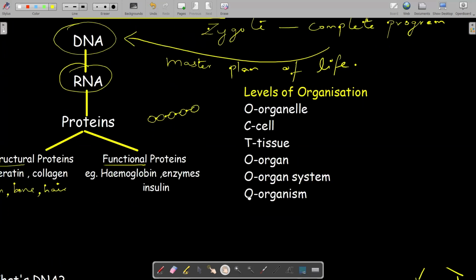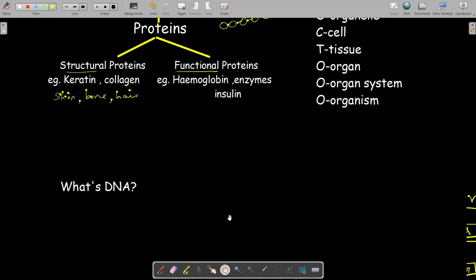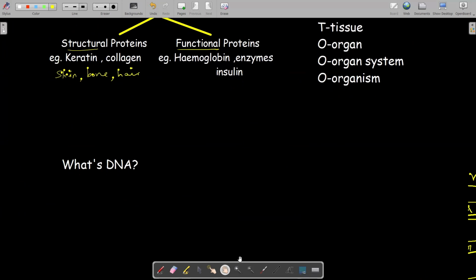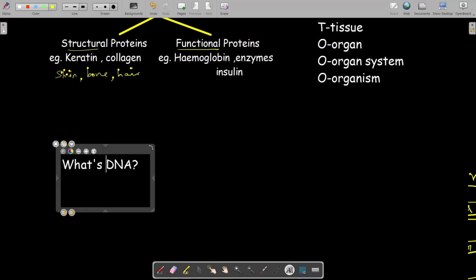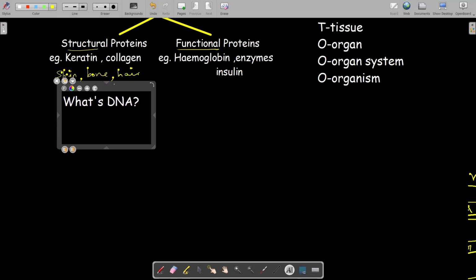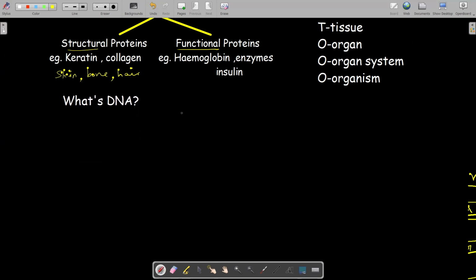What is DNA? So think about it and tell me what a DNA is. Some of you would have just given the full form of DNA, which is deoxyribonucleic acid.